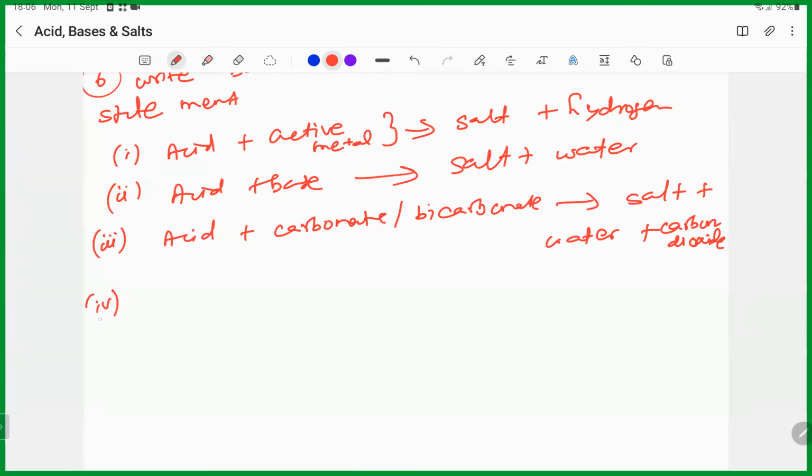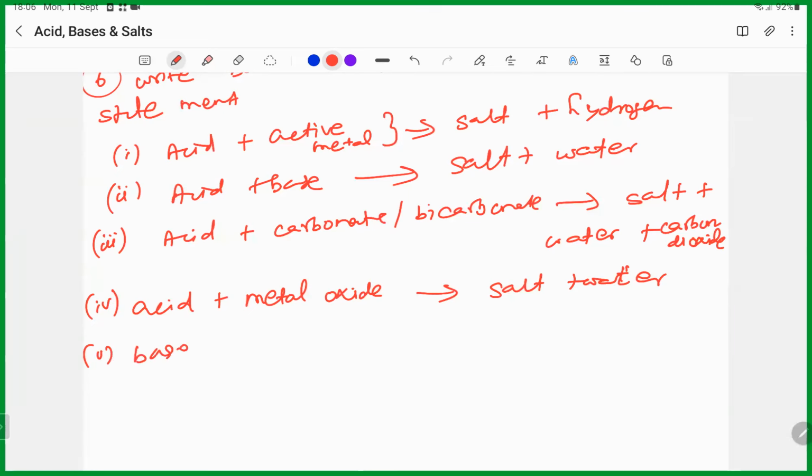Number four, acid plus metal oxide gives salt plus water. Number five, base plus metal gives salt plus hydrogen.